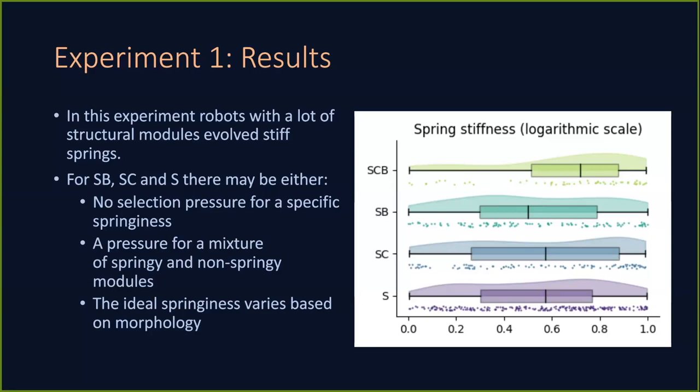Some are small, some are big, and we already had the intuition that larger robots might need stiffer springs. So we thought we can't read so much out of this, so we want to explore this further with a second experiment, in case this is due to the springiness varying based on morphology.